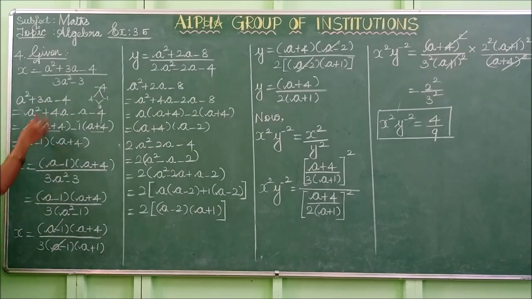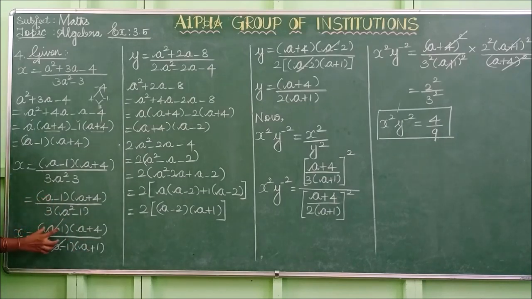So you can apply this in x. x is equal to, instead of this term, you can write the factors a minus 1 into a plus 4. In the denominator, you have 3a square minus 3. Take 3 as common. What is the remaining term? a square minus 1. This is in the form of a square minus b square. This 1 can be rewritten as 1 square. So a square minus 1 square is nothing but a minus 1 into a plus 1.